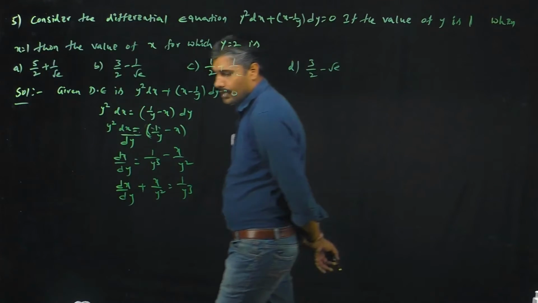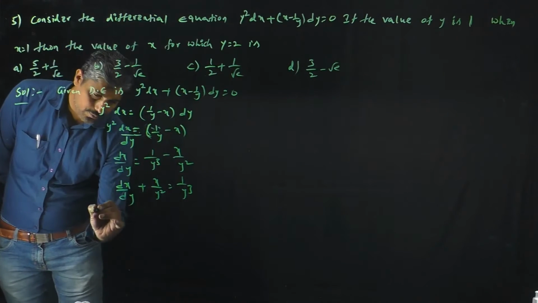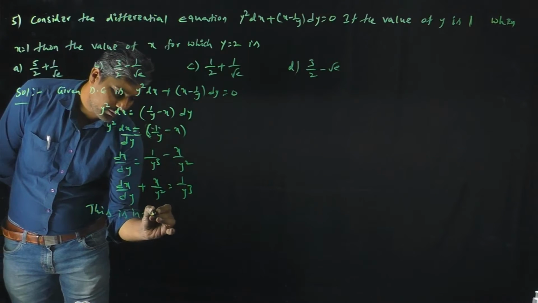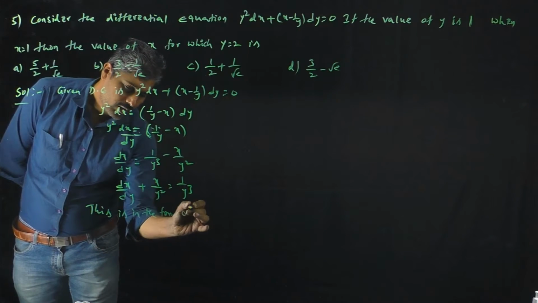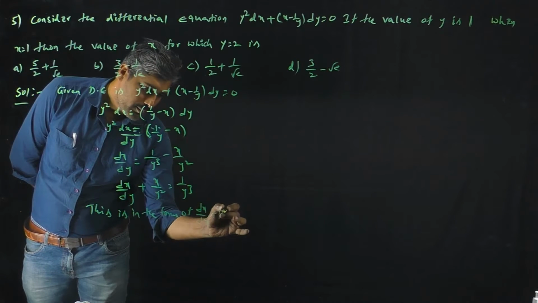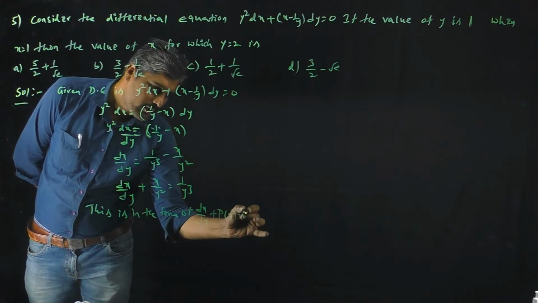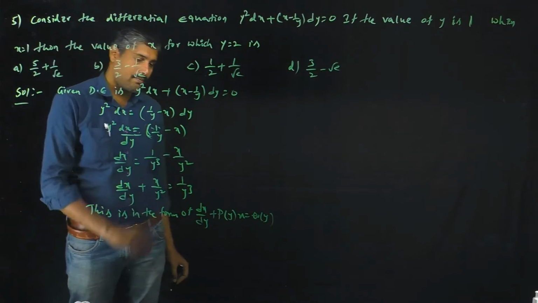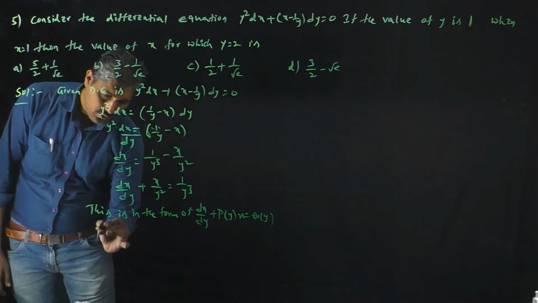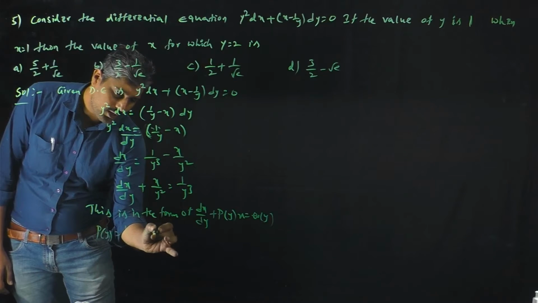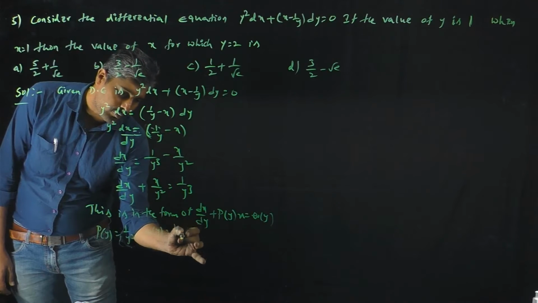Therefore this is in the form of dx by dy plus p of y into x equal to q of y. Here p of y equal to 1 by y square and q of y equal to 1 by y cube.